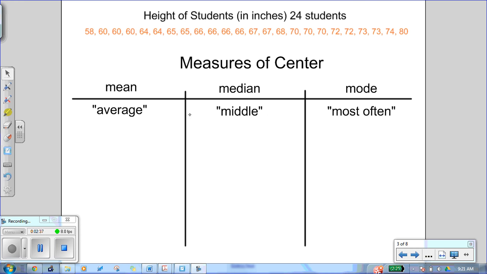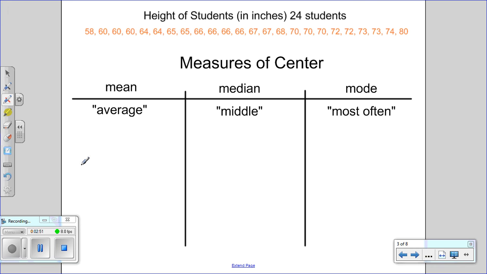Underneath it I have the abbreviated form, another way to say it. A lot of times when we talk about the average, we refer to that as the mean. To find the mean, what we're looking at is the sum of all the pieces of data divided by the number of pieces of data.